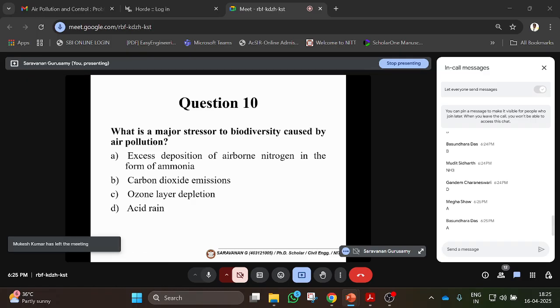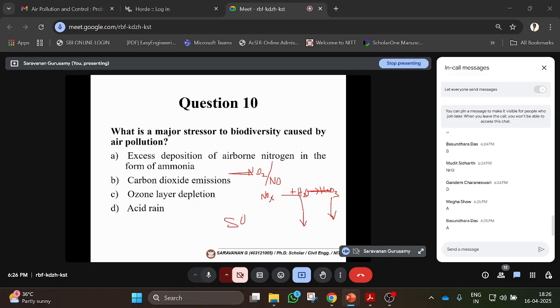Let me take the pen. NO2 or NO, both are NOx only, or NOx you can say. If it is depositing as nitrogen, then it is called dry deposition. Whenever it is reacting with water and gives you HNO3, that is called a wet deposition. That is depositing as acid rain.